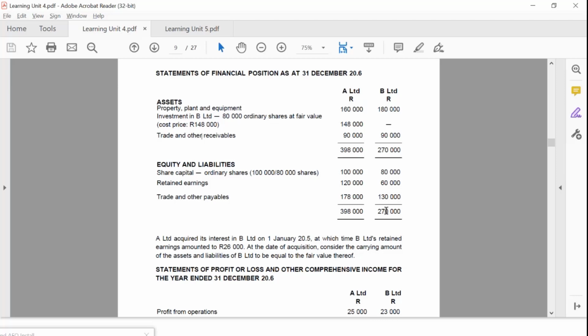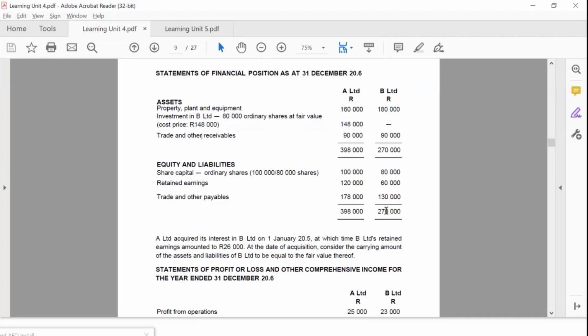That's the first stage. The second stage is that you now eliminate any transaction that has happened between the holding company and the subsidiary. I like to use the word holding because when I was studying, we used to use the word holding company. So it's the parent and the subsidiary. Any transaction.